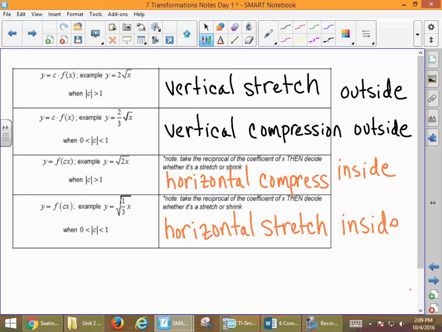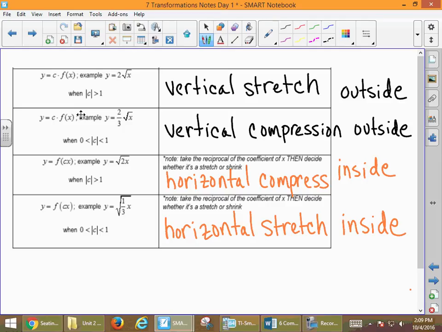But in other words, sometimes the way that I think of it is that what happens inside the function works the opposite way of what you think it's going to. We had 2 inside the function and we compress.